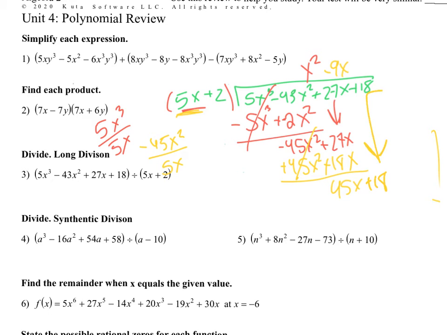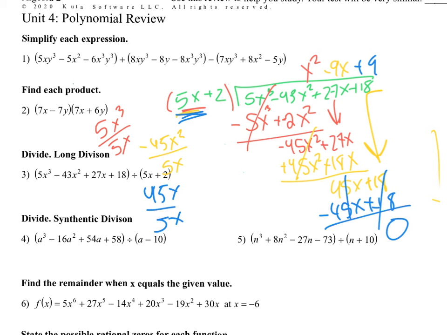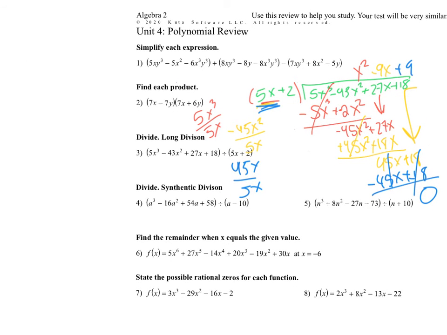We do it again. 45x over 5x. How many times does 5x go into 45x? That would be 9. We multiply 45x plus 18. Subtract, so cancel, we get a remainder of 0. So our answer for our long division is x squared minus 9x plus 9.